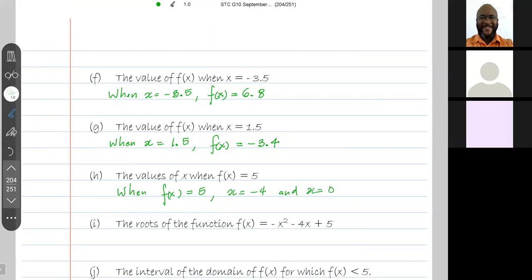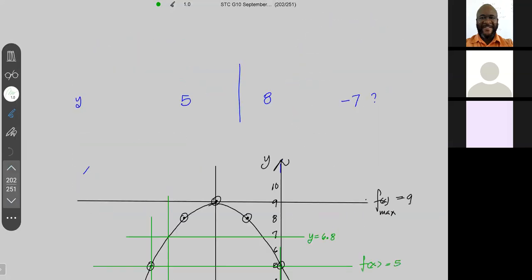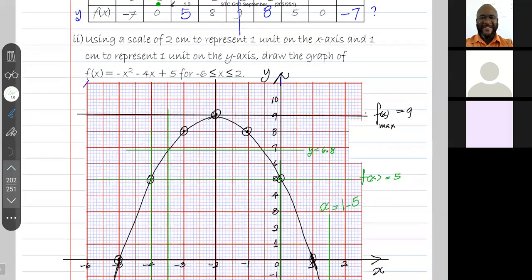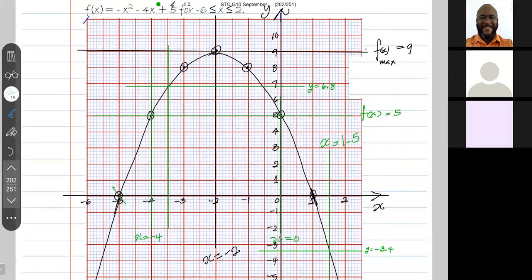The roots, remember the roots are the x-intercepts, which are minus 5 and 1.